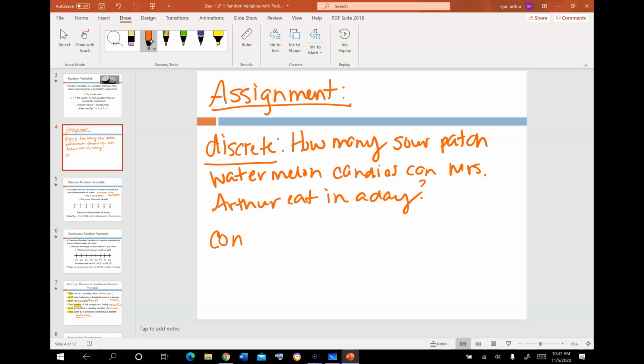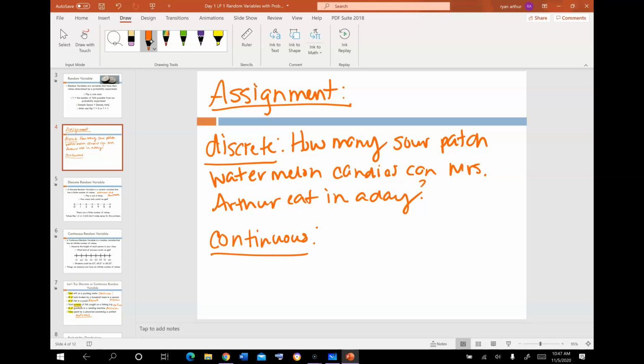Now, a continuous one. A continuous one is, remember, something you can't count. So it needs to be about time, speed, height, weight, something like that. Like if you like fishing, how many pounds of fish did you catch that day? Okay. So my continuous is going to be, I have a little bit of a lead foot, you know.